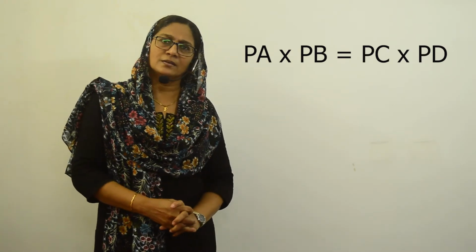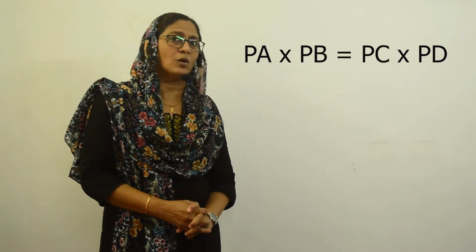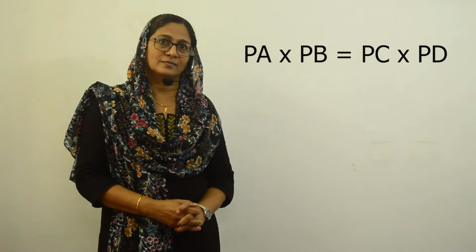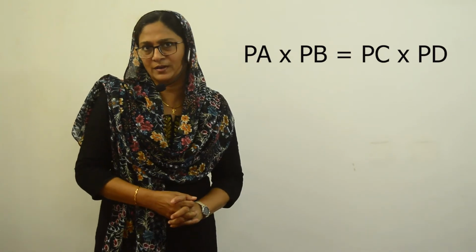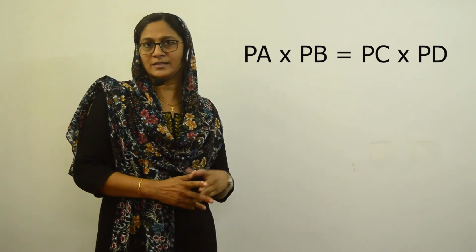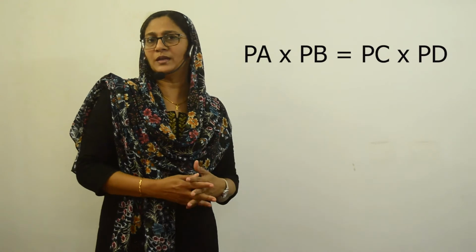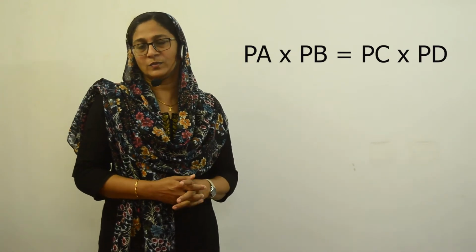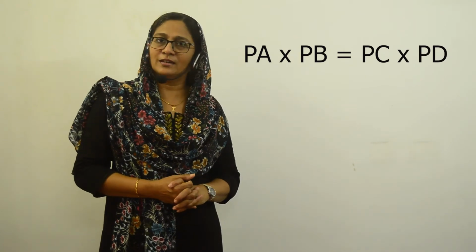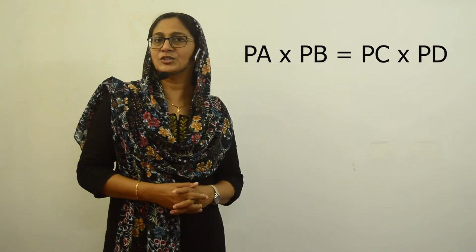So what does PA into PB equals PC into PD also signify? Doesn't it also signify that the area of the rectangle with the sides PA and PB will be equal to the area of another rectangle with the sides PC and PD? Geometrically, PA into PB equals PC into PD also has such a meaning.